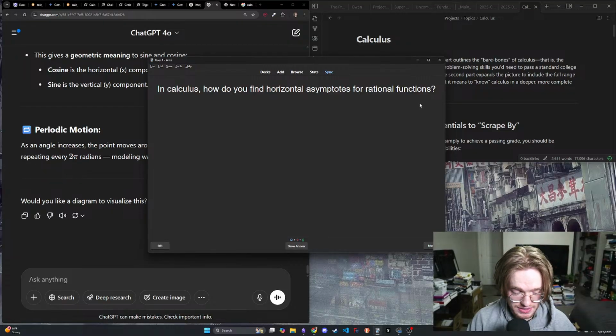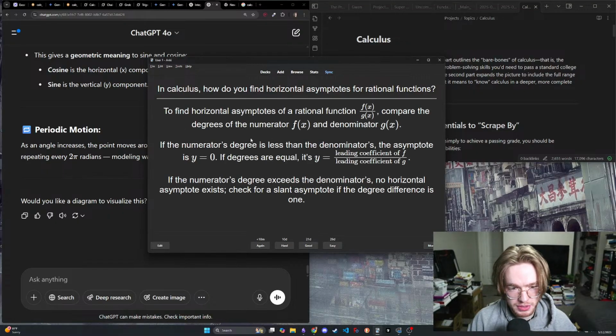If they're equal, then your horizontal asymptote is the quotient of the leading coefficients. Yes. Okay.